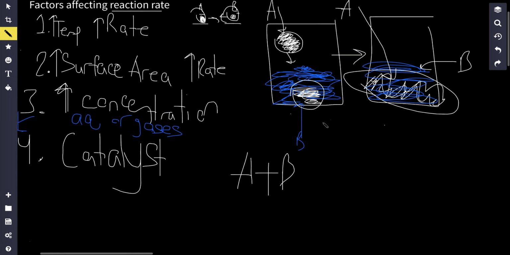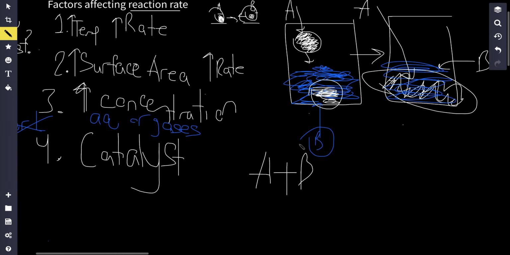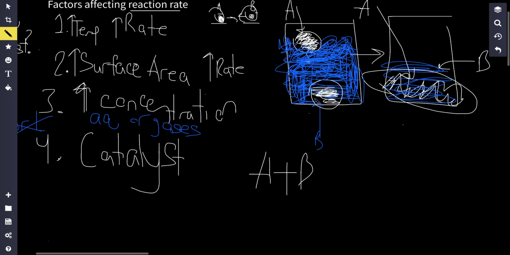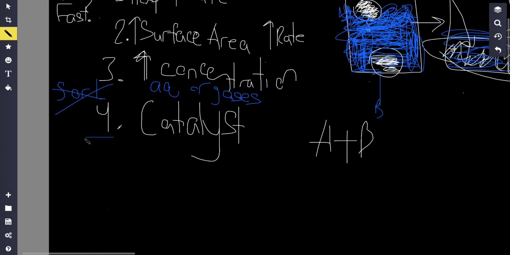Anyways, let's say we're dealing with B in this case. Now, let's say we increase the concentration of B, aka I add more of this solution. Well, guess what? This reaction is going to happen at a faster rate, right? If I add more B, that's just going to make the reaction go faster, because there's just more things to react with, essentially.